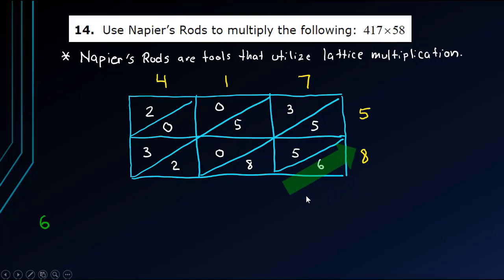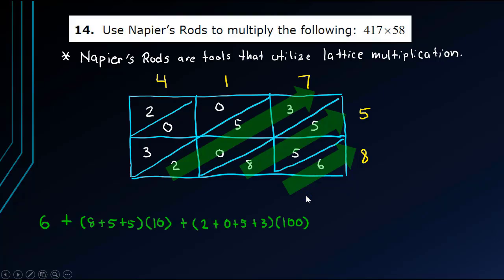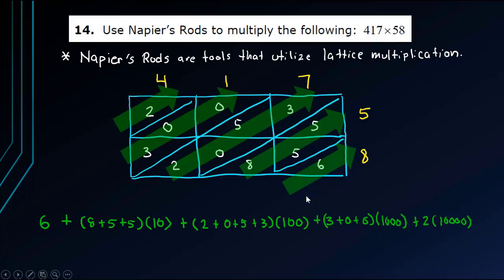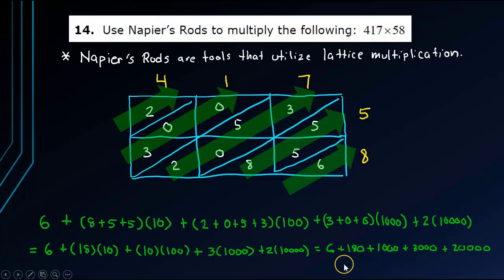So ones, tens, hundreds, thousands, and 10,000s. And so just do some simplification, and then carry through the addition. I get 24,186, which if you carry that through on a calculator, you will see the exact same answer along with that.